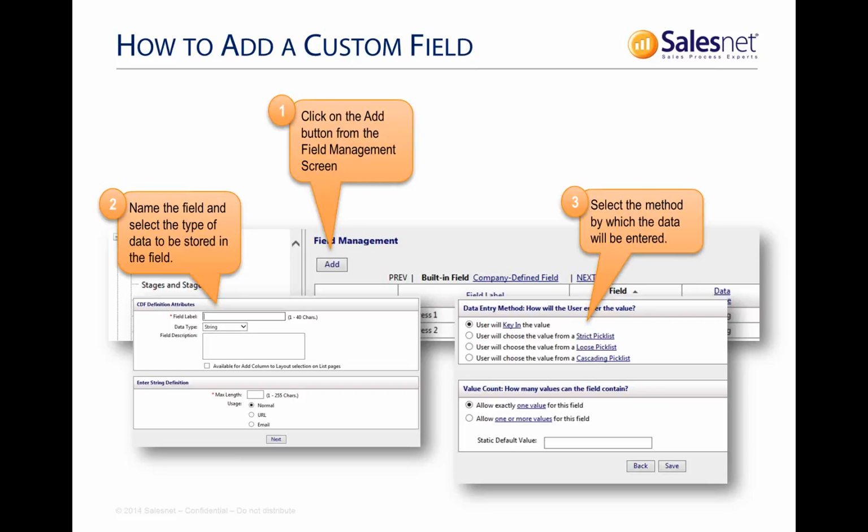I'll go into Salesnet and show you where that description pops up for your users. But that's basically a little bit of information that you can share with them about what that field is or what it means. Then we can designate whether it's available for querying on the list page, this checkbox here. We'll go over that.